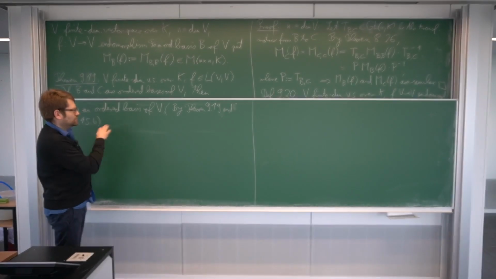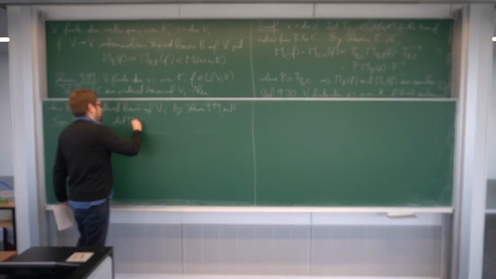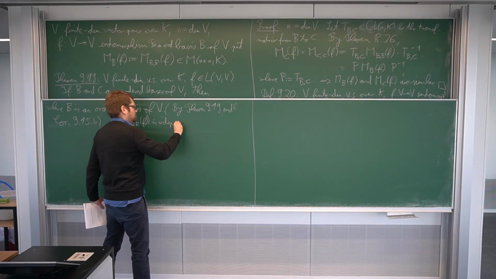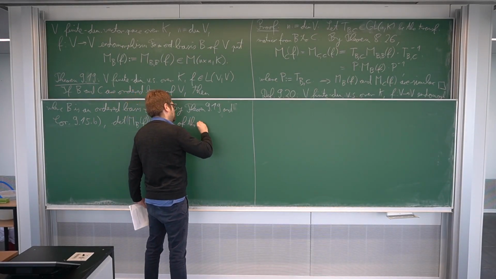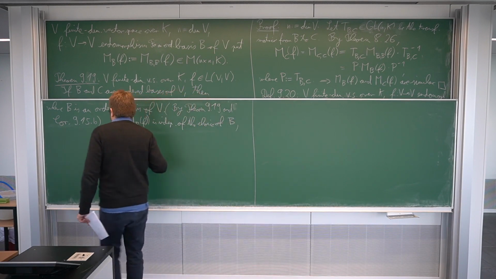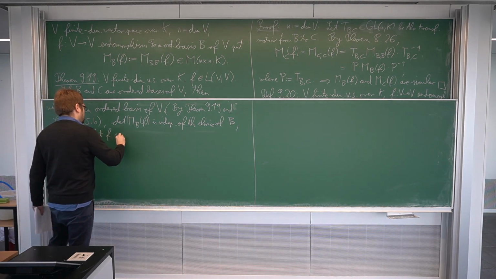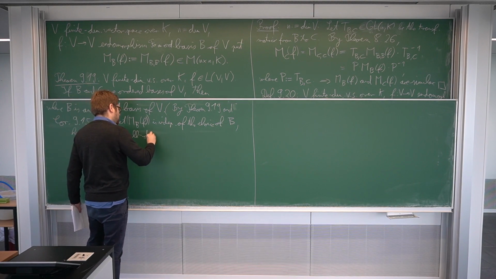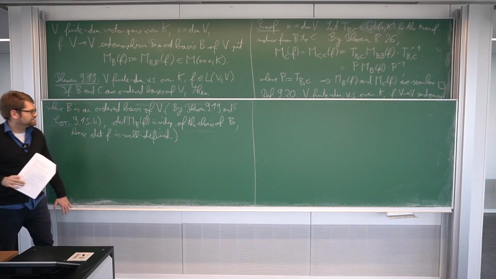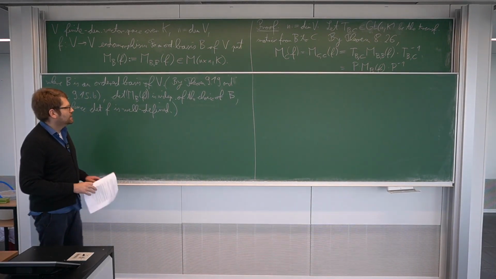So by theorem 919 and corollary 915b, that det MBF is independent of the choice of B, hence that det F is well defined. Okay, so this is the determinant of an endomorphism. Just go by the matrix representations and take the same basis on both sides of the map.